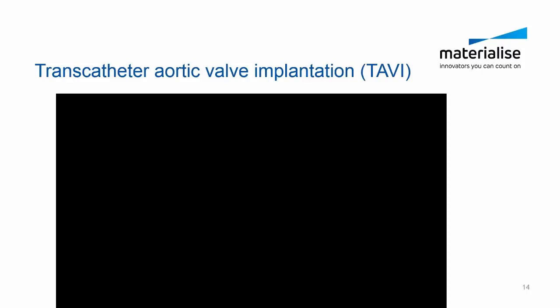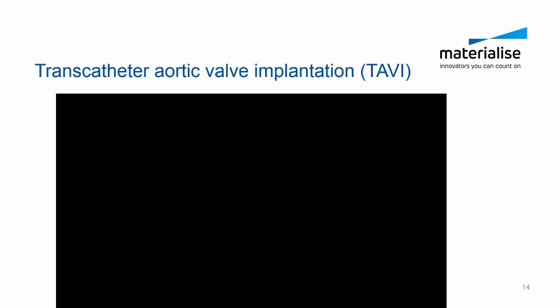It's quite distant from the groin, where the catheter is inserted, to the aortic valve, where the actual implantation takes place. So the design of the implant and its functioning during implantation is important for the success of the procedure.